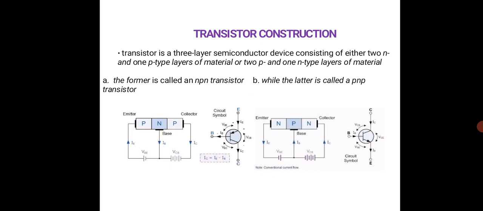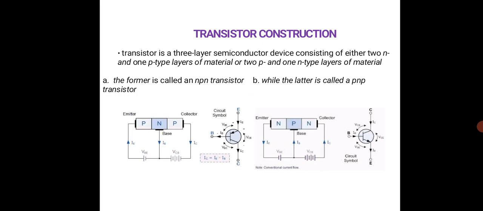In this figure, you can see the circuit symbol. Here it is the PNP. The center region will be the base, and one end will be the emitter, the other end will be the collector. You can see in the PNP transistor the arrow is indicated at the emitter, and similarly here also the arrow is indicated at the emitter.